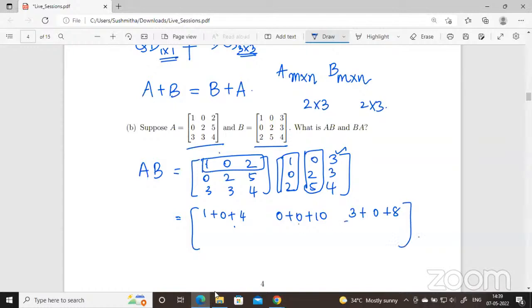You can fill the other entries similarly with the second row. And BA means you should write B first and then A. Both are well defined because they are both square matrices, right?